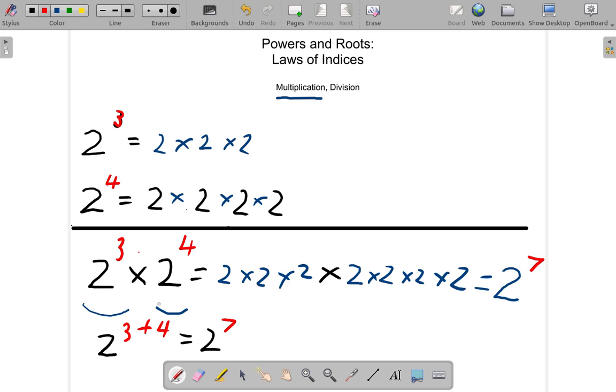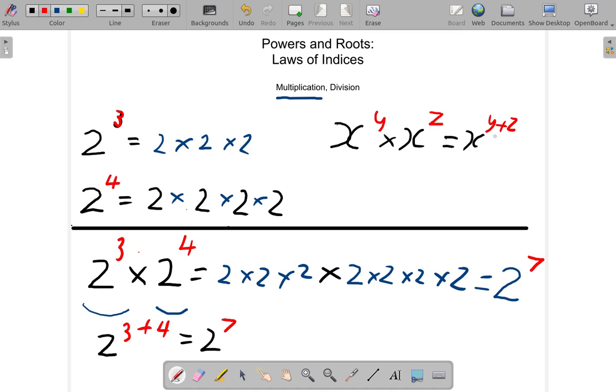You can try that. Now, generally, what you could say is any number x raised to a power of y multiplied by the same number x raised to the power of z is equal to x raised to the power of y plus z.